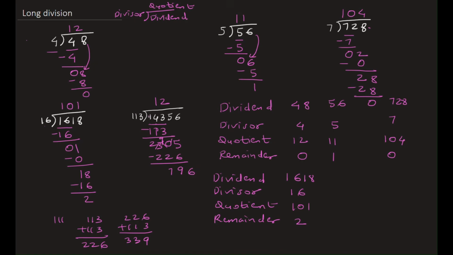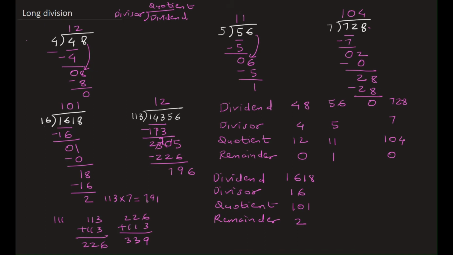Now 113 goes exactly 7 times in 796. 113 times 7 equals 791. You can check it out on the calculator. And if I do 113 times 8, it will be more than 796.